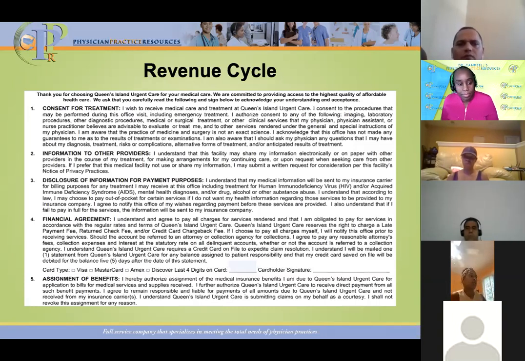So we have to make sure the information is consistent. If the name is different on the Medicare card than on the ID, we go off the Medicare card. And we still take the ID just to make sure we have the demographics correct. That's one thing that we always try to do.